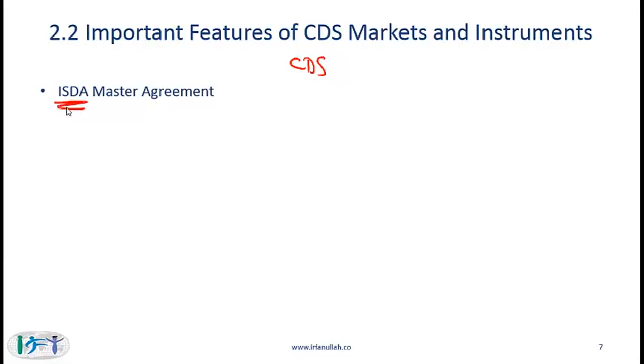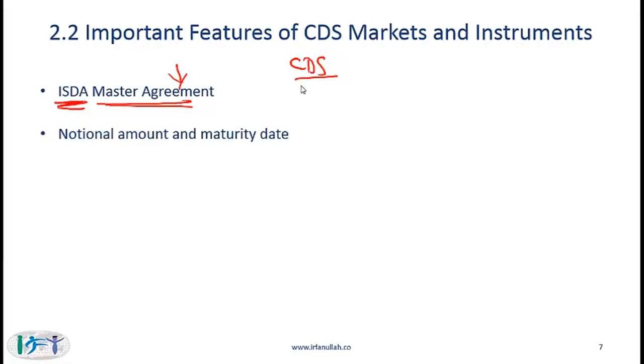This organization publishes industry-supported conventions that facilitate the function of the market. They have published this standard master agreement, and very often when parties engage in a transaction, they will use this master agreement. And as you might imagine, this can save a lot of legal costs.